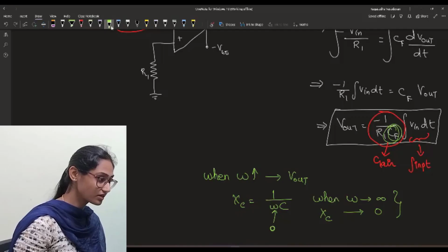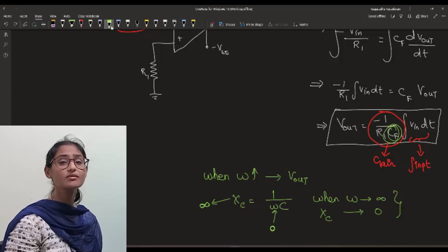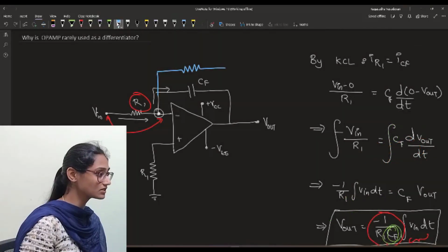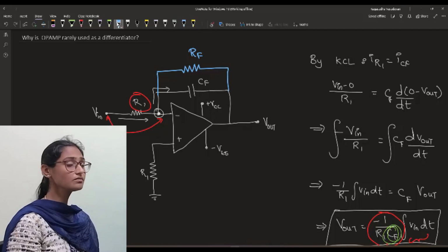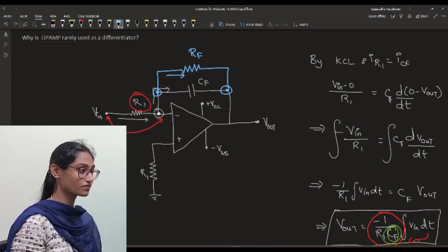When the frequency is close to 0, the capacitive reactance will approach infinity, and thus there will be more distortion in the output. To minimize this, we connect a compensating resistor RF in parallel to CF to eliminate this distortion, because this excess in output will have a place to go, and thus the feedback path will be smooth.